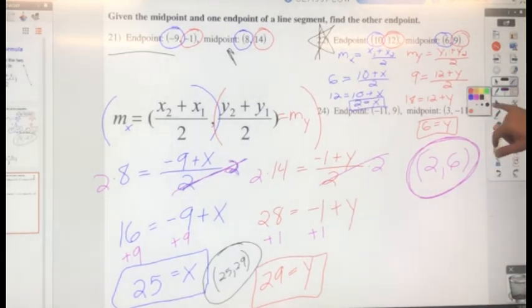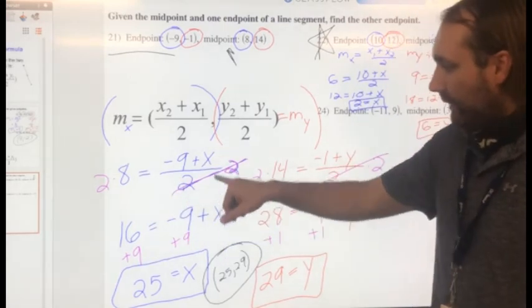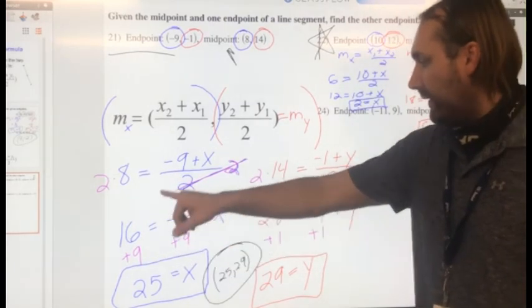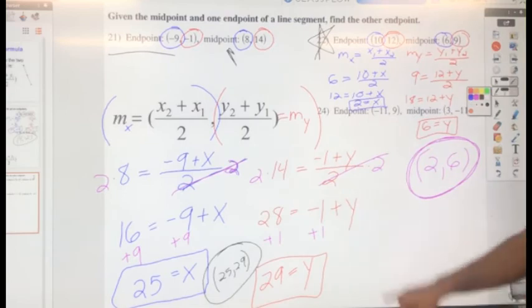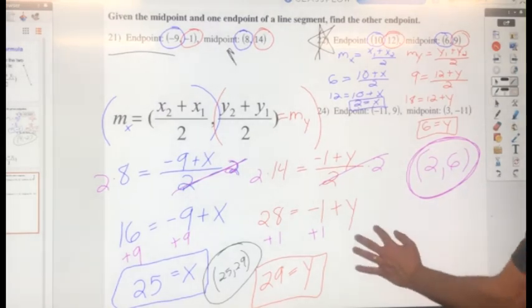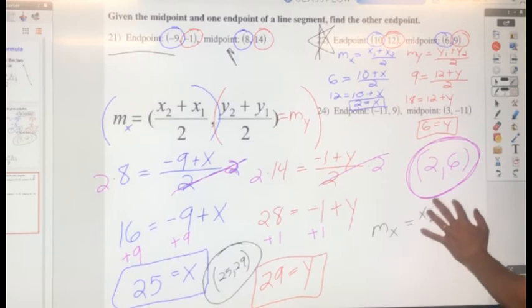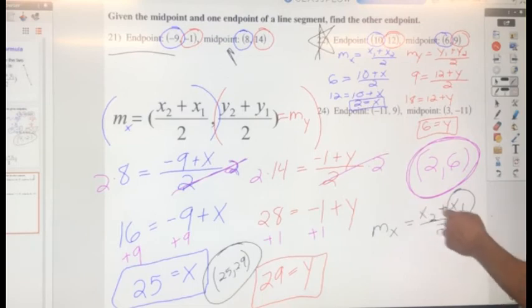Now note, the process stayed the same, right? We had to multiply by 2, then subtract the other point, multiply by 2, subtract the other point. So if you take the midpoint formula, you can rewrite it in terms of the other point. I want to solve for x1 or x2, it doesn't matter.